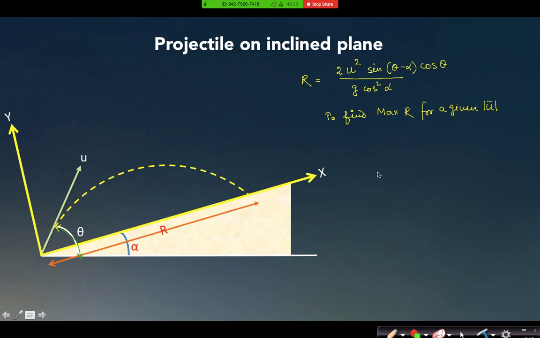So in order to find that, let us try to write down this value R in this way. R is equal to 2u square by g cos square alpha. I will not write this 2 outside, but I will take this 2 inside. And we have 2 sin(theta minus alpha) into cos theta.